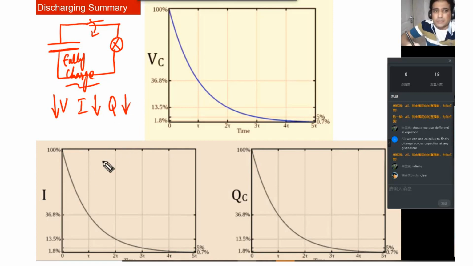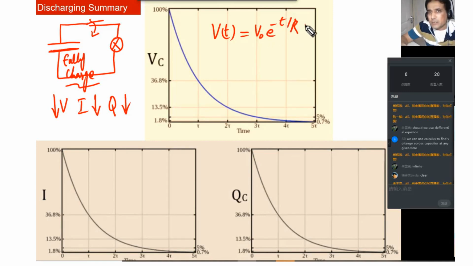So that's the reason you see here we have for voltage, the VC at any time when your capacitor is discharging, it has to be a decay graph actually, V naught e to the power of minus t over RC. This decay graph means you will get this decay curve.